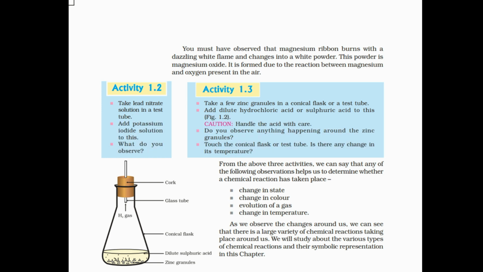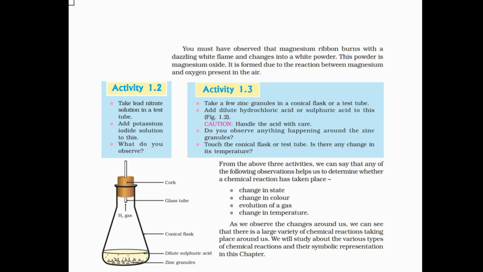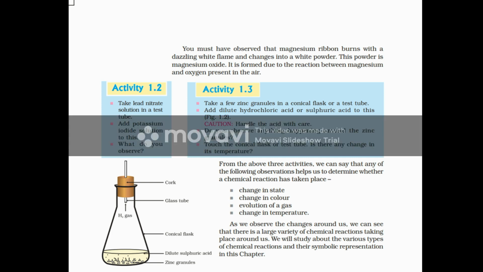In the third activity, activity 1.3, you have to take zinc granules and sulfuric acid or hydrochloric acid. Take a conical flask, add dilute hydrochloric acid or sulfuric acid in that conical flask, and add a few granules of zinc.